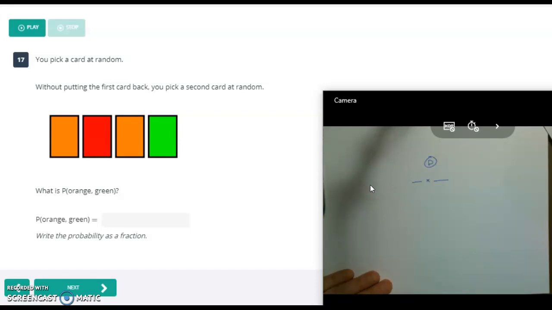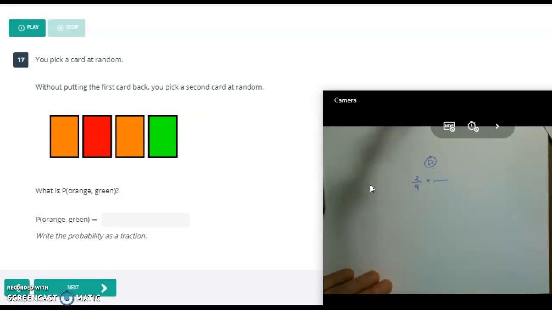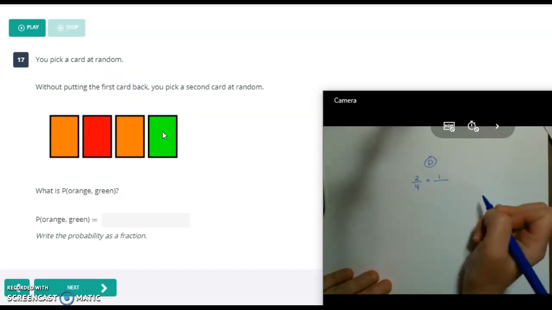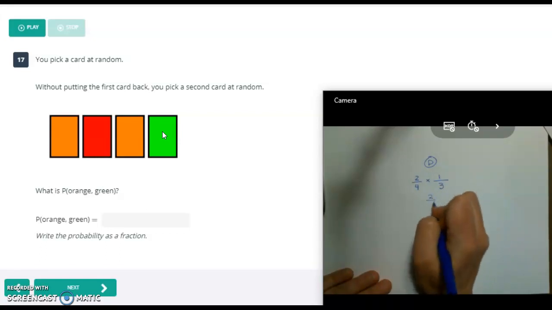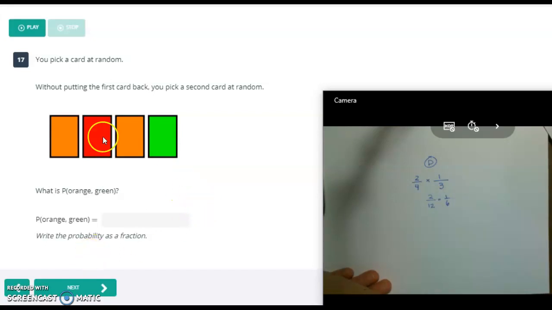The probability of getting an orange on the first pick is 2 out of 4. So we're going to assume that that occurred. We're going to assume that we took that orange, we're not putting it back in the deck, and now we want to know what's the probability of getting a green. Well, that would be 1 green out of 3 cards remaining. So our answer would be 2 out of 12, which simplifies to 1/6.